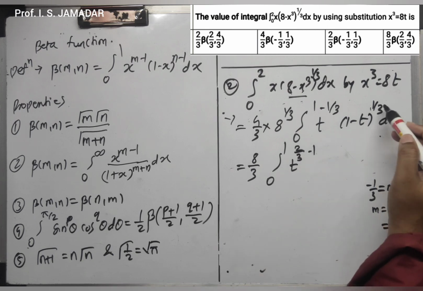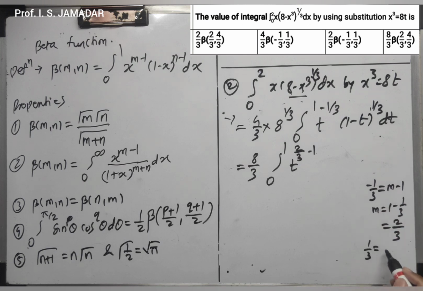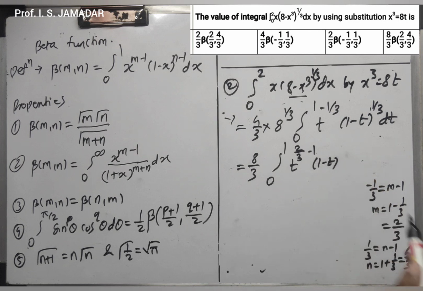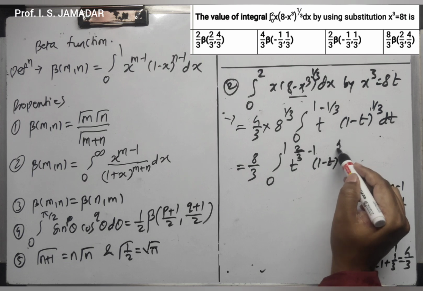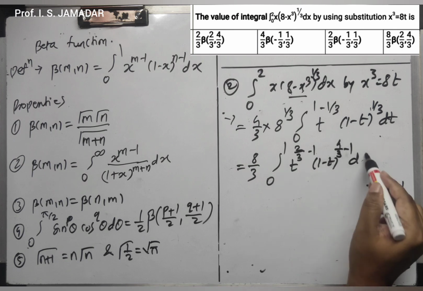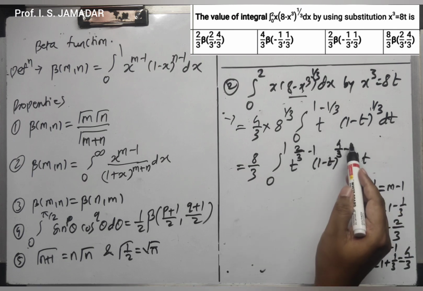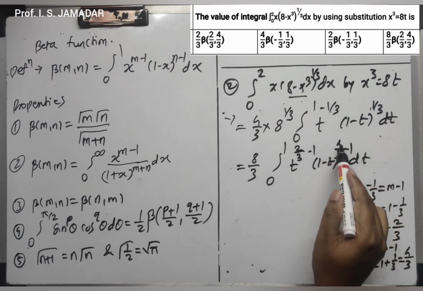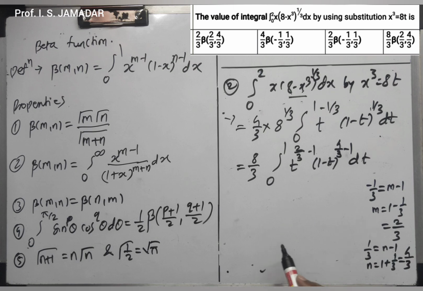Now 1 upon 3 we have to write as n minus 1, that means n is equal to 1 plus 1 by 3, that is 4 upon 3. So it is 1 minus t raised to 4 by 3 minus 1, dt. This is m minus 1, n minus 1. Powers are the same. This 2 by 3 minus 1 is the same as minus 1 by 3, and 4 by 3 minus 1 is 1 upon 3.